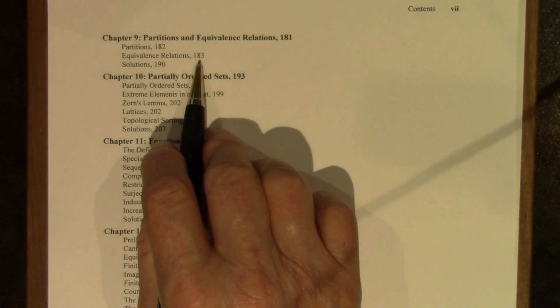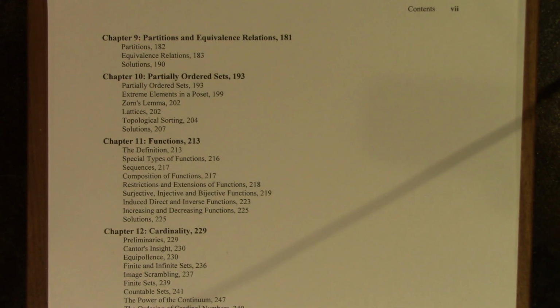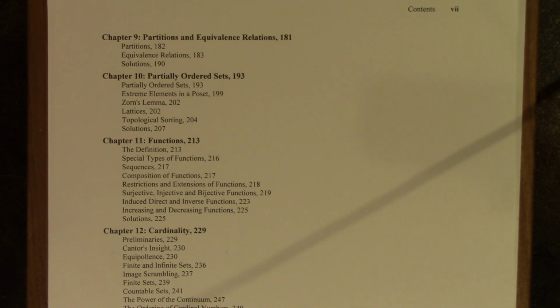Equivalence relations are a key concept in upper division mathematics, advanced mathematics. But what I've noticed is that oftentimes in the first stages of upper division mathematics, equivalence relations aren't used explicitly or mentioned explicitly nearly as often as they should be.